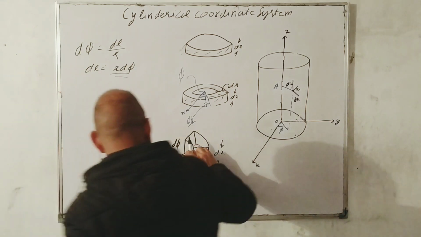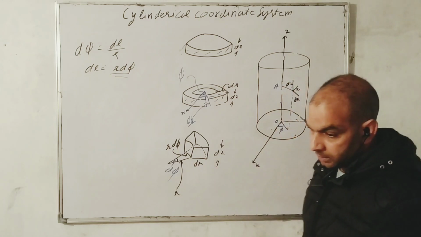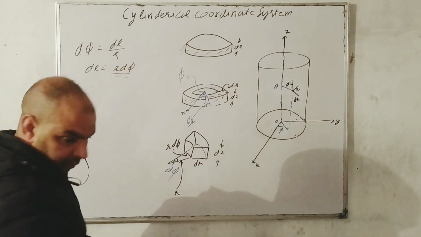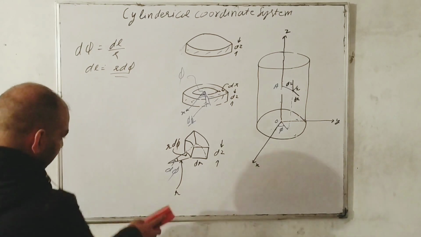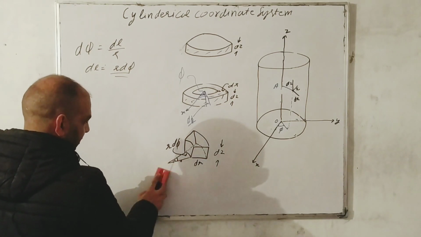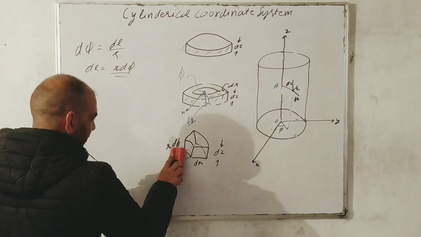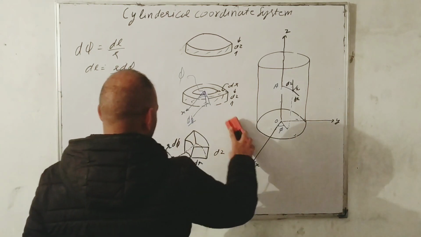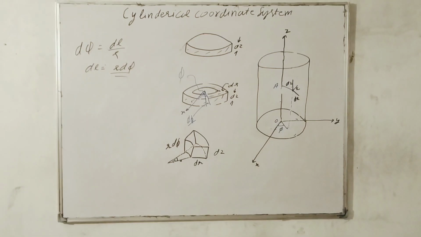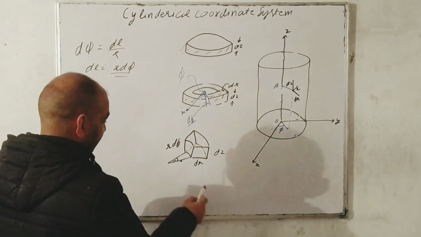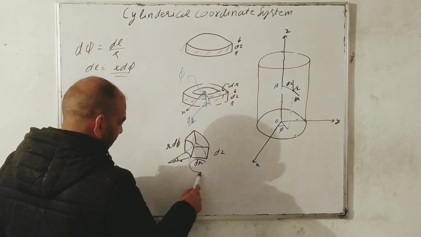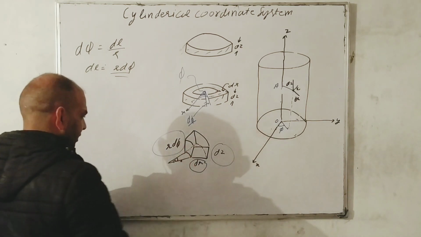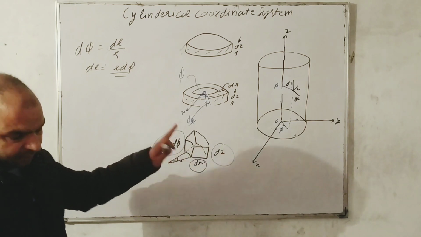So this small change is r d phi. Now we have all three elements along the three directions. These are the only possibilities: one is dr, another is dz, and the other is r d phi.